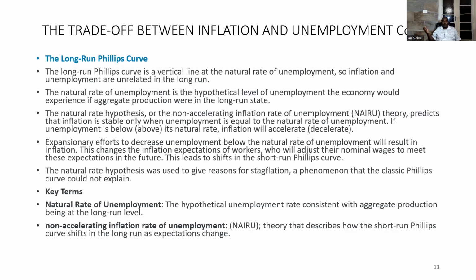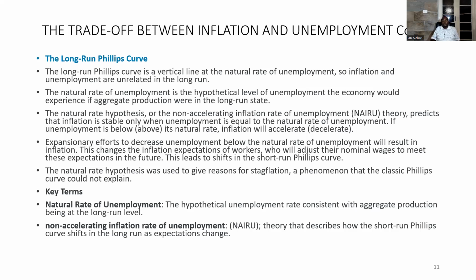We know that for things to be available in the economy, which is your aggregate demand, it also entails more workers being employed to make those things available in the economy, ceteris paribus. But to do so, it implies an acceleration in inflation. But if your unemployment rate is above its natural rate, then we would expect inflation to decelerate.